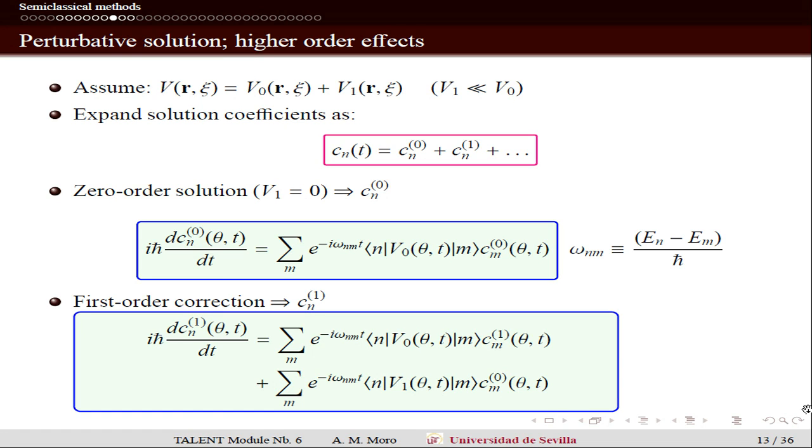So you expect that each term here will be smaller and smaller. So this C1 will be a correction on the C0 that is obtained by this system of equations. So the C1 is determined by the C0s that we have obtained already, but also by the coupling to the C1s of the other states.